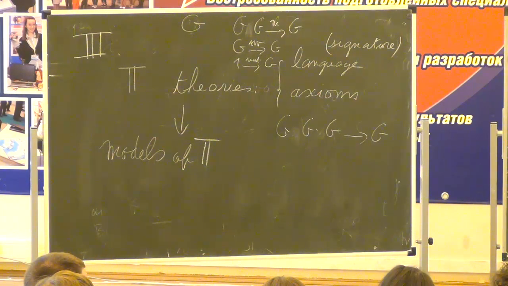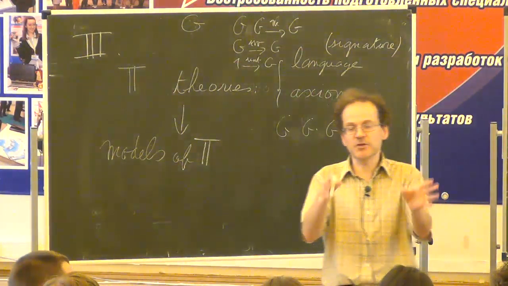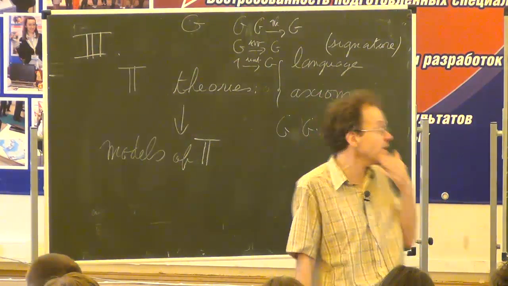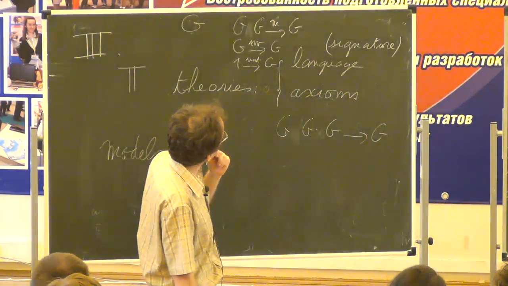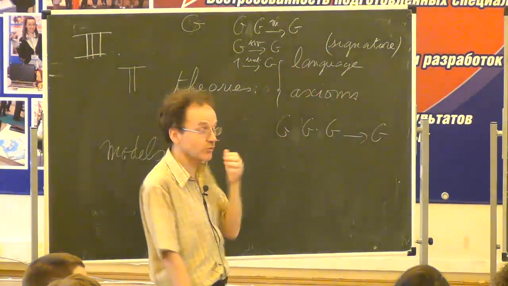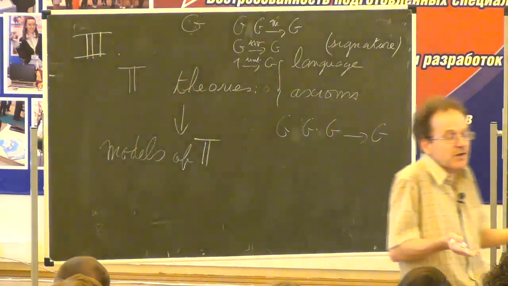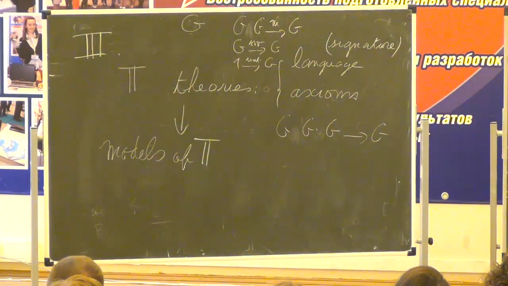So for instance, associativity will be expressed as, in fact, a relation between 2 formulas, which should be equal. The same for the inverse. The inverse is defined by some properties, the same for the unit element. So there is a finite family of axioms, and in fact, you have written them many times.